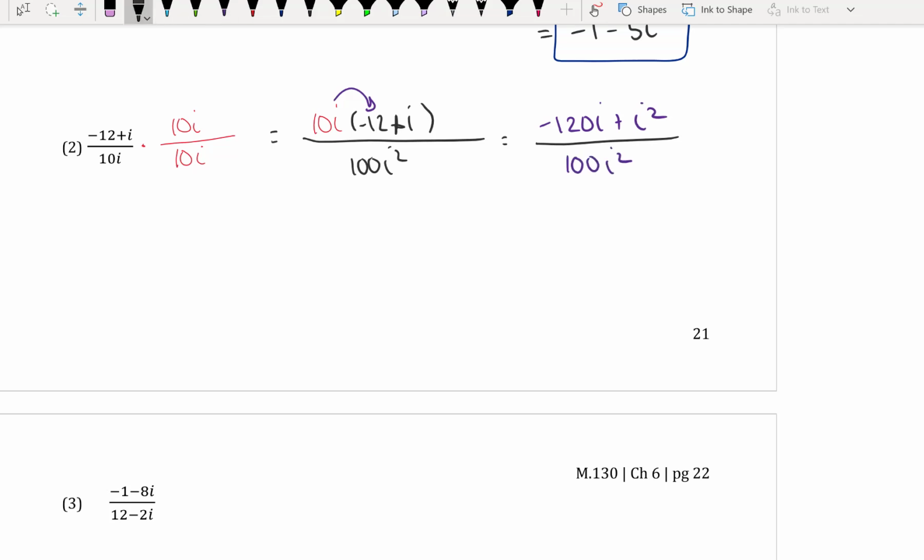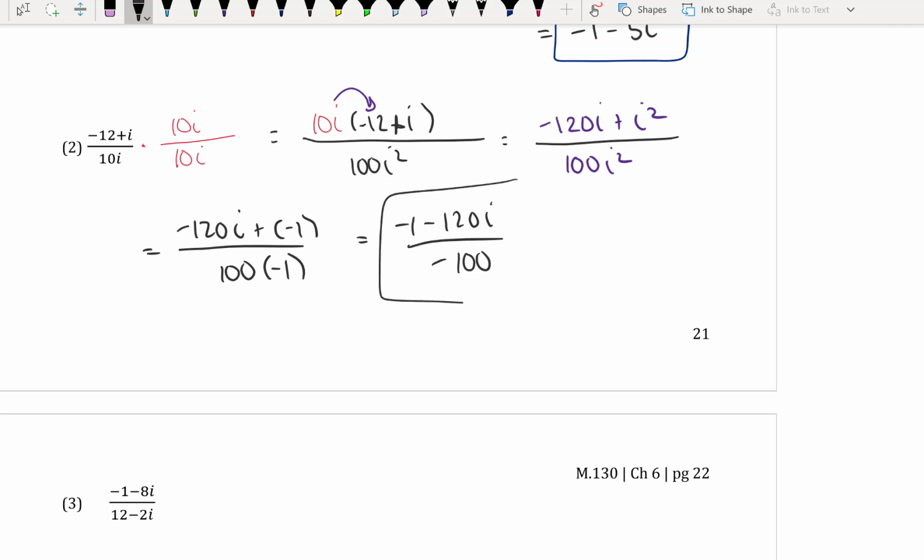And don't forget, your i squared is just a negative 1. So negative 120i plus negative 1, 100 times my negative 1. So negative 1 minus 120i over negative 100. So that's a perfectly legit answer. Or I also could have written it as 1 over 100 plus 12i.